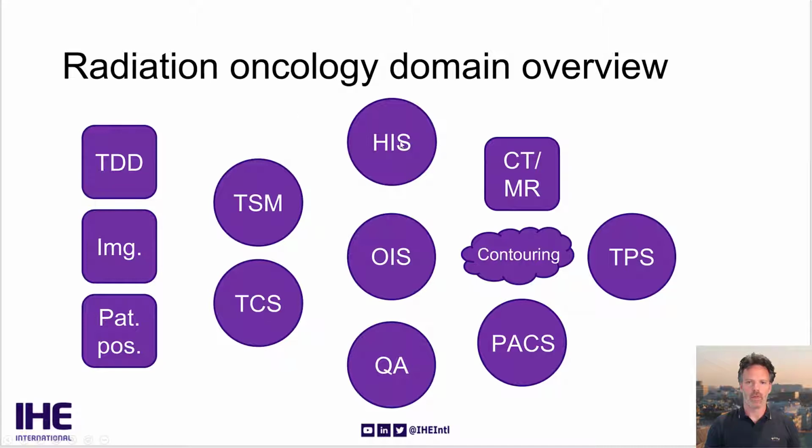There's the hospital information system, oncology information system, quality assurance devices, CT/MR imaging devices, contouring as we talked about, the PACS, treatment planning system. And then there's the treatment session manager, the treatment control system, treatment delivery device, in-room imaging systems, and patient positioning devices. Here, I didn't make a box for motion management systems. They are, to an extent, related to in-room imaging and positioning as well.